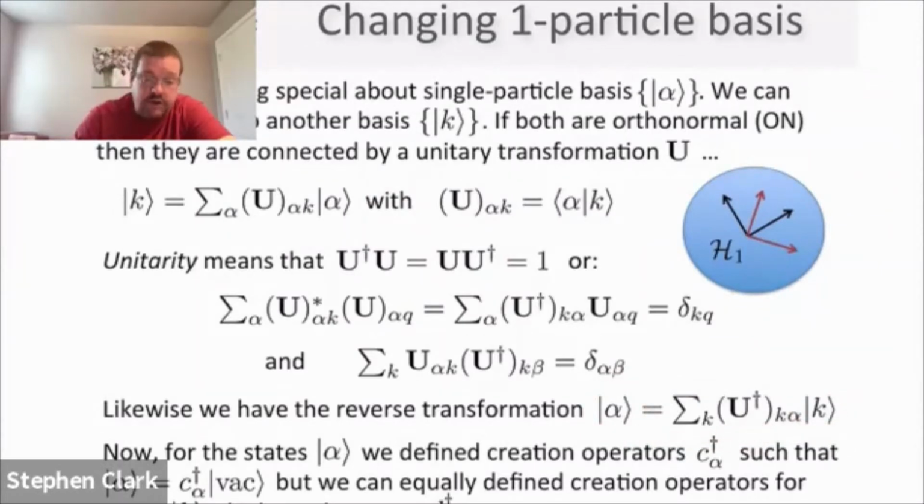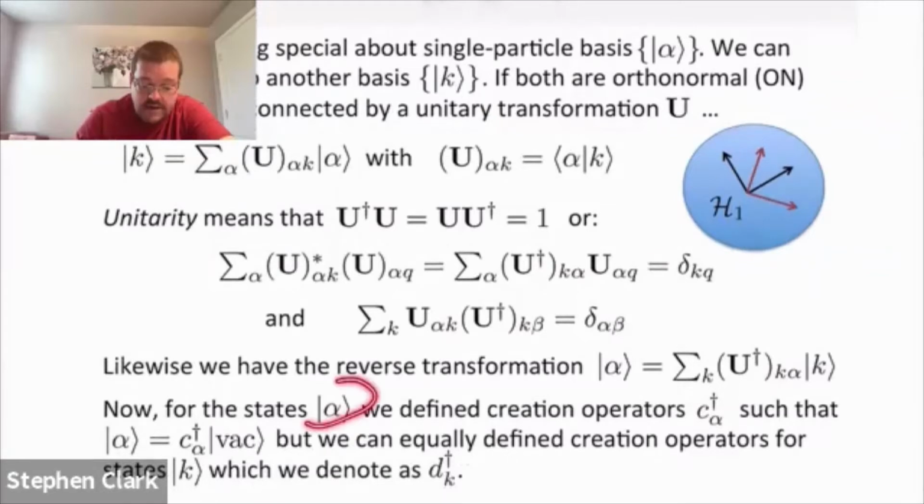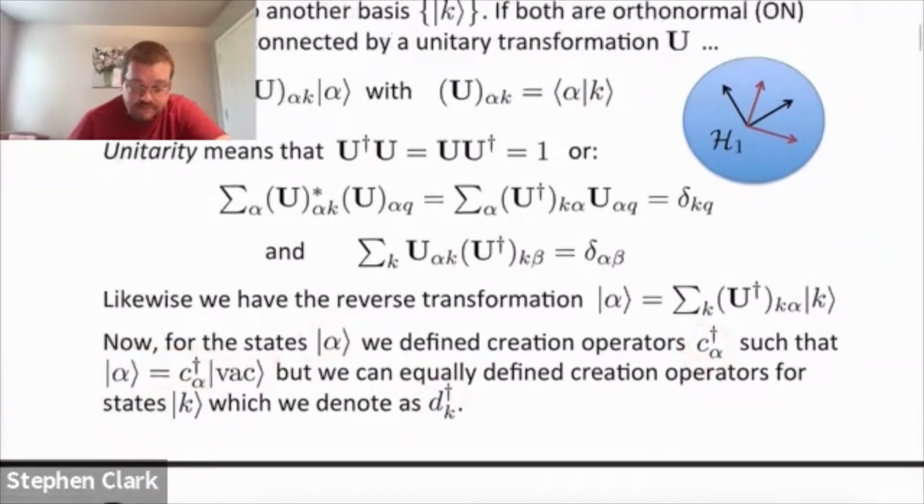Now, we defined our creation operators to be pinned to a particular choice of single particle basis. So c dagger alpha created a single particle state with a particle in the state alpha, but we could equally well create a new creation operator, which we'll call d dagger K, which creates a particle in the state K. Okay, it's a different single particle basis. There's no reason why we can't do that.